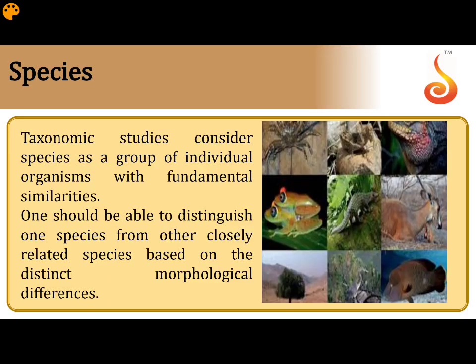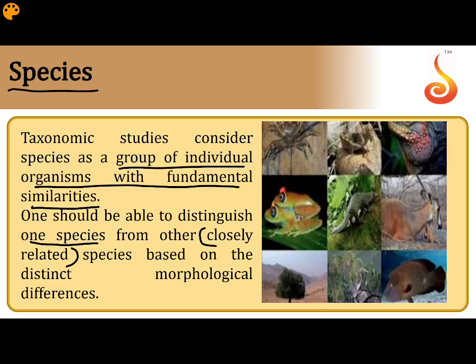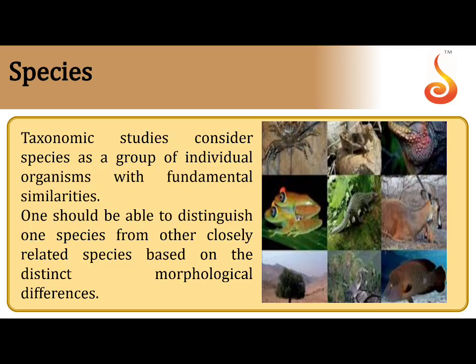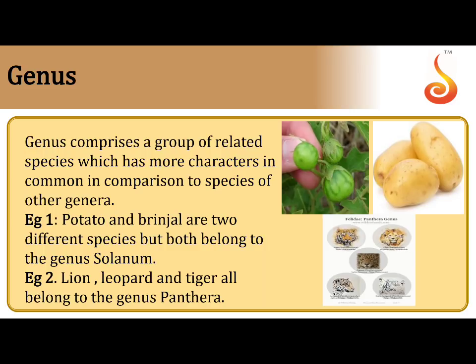Species can be defined as a group of individual organisms with fundamental similarities. One species should be all closely related and they have similar morphological conditions. But the moment we move from species to genus, it is a group of species.